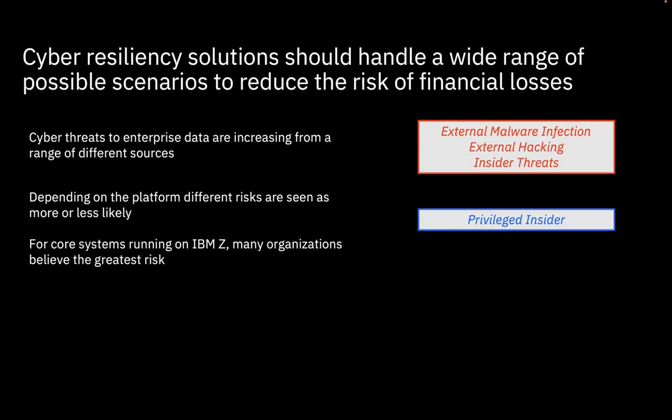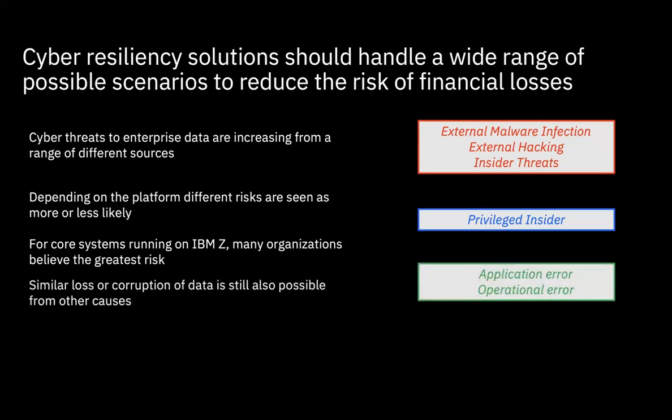And depending on your platform, we could see that privileged inside users are people that are threats, and so more so in a lot of cases than outside threats. And then you still also have application error, operational error, or somebody doing something within the application purposely.